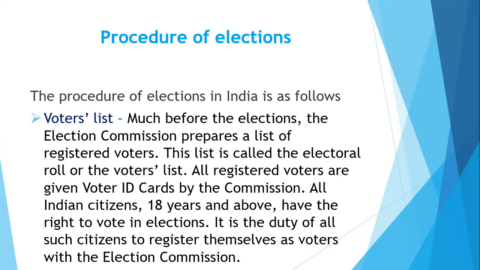All registered voters are given voter ID cards by the Commission. All Indian citizens 18 years and above have the right to vote in elections. It is the duty of all such citizens to register themselves as voters with the Election Commission.